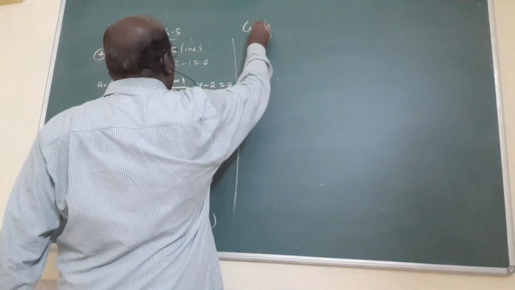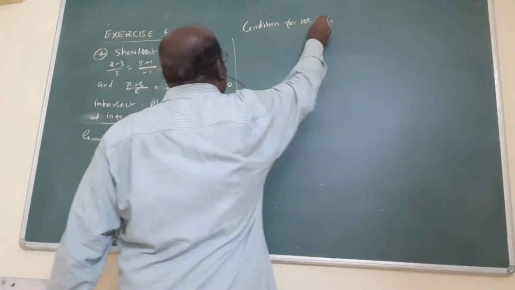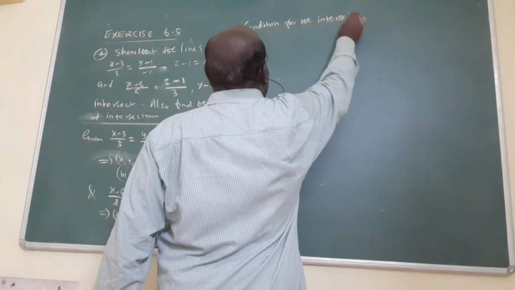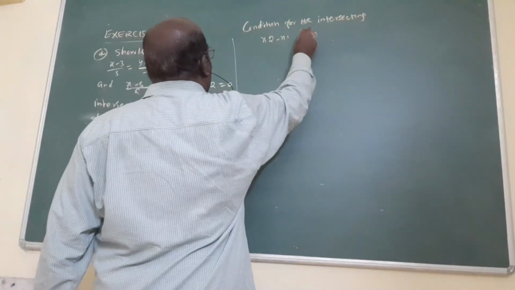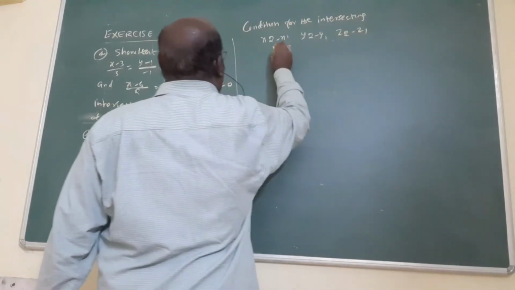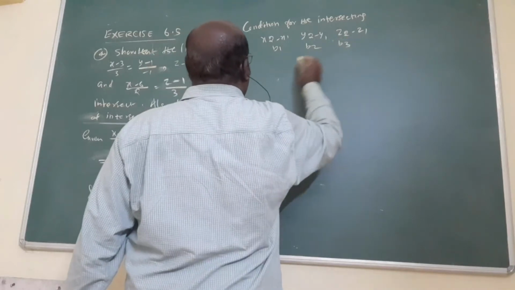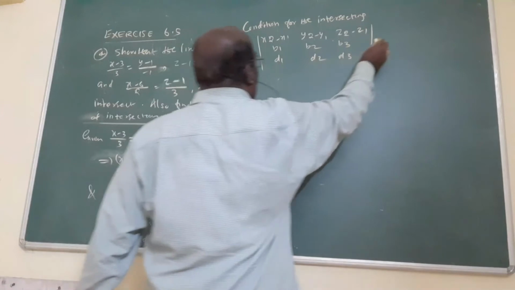Now the condition for the lines to be intersecting. Write the formula. What is the formula? The determinant of x2 minus x1, y2 minus y1, z2 minus z1, b1, b2, b3, d1, d2, d3 equal to 0 is the formula.